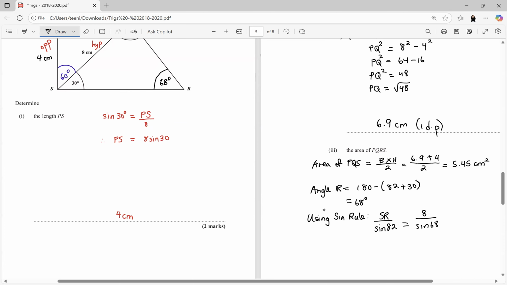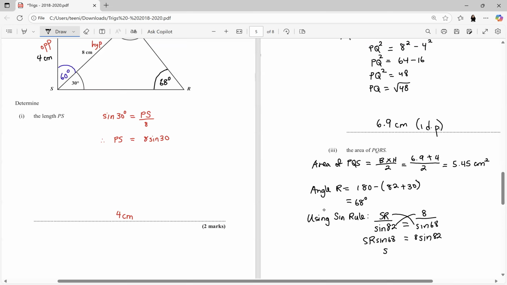Now we cross multiply. SR times sine of 68 is equal to 8 times sine of 82.